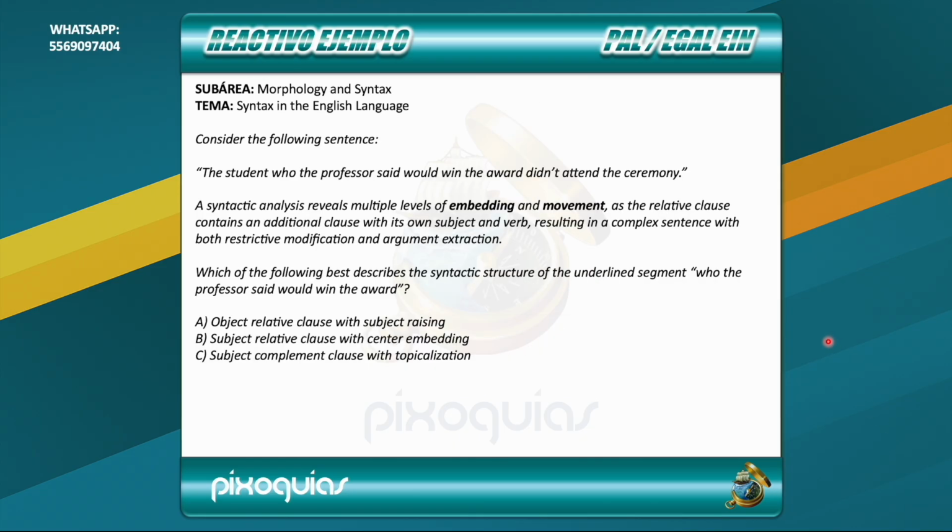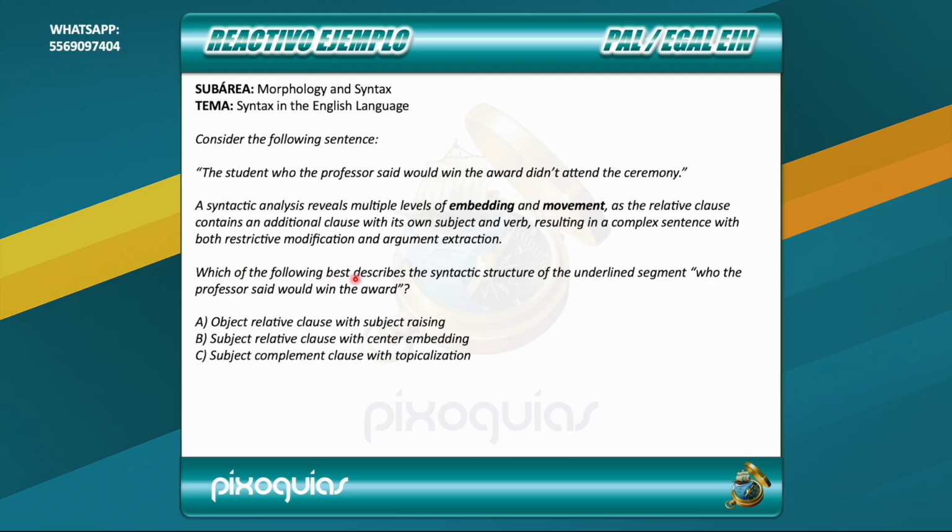Now we have this exercise of morphology and syntax with the topic Syntax in the English Language. Consider the following sentence: The student who the professor said would win the award didn't attend the ceremony. A syntactic analysis reveals multiple levels of embedding and movement, as the relative clause contains an additional clause with its own subject and verb, resulting in a complex sentence with both restrictive modification and argument extraction.